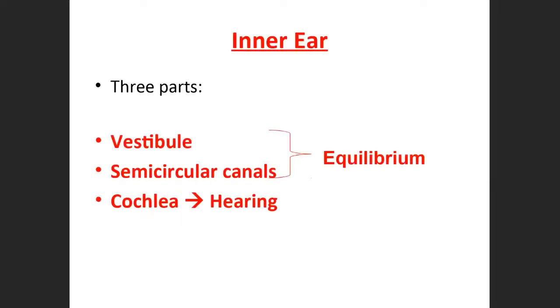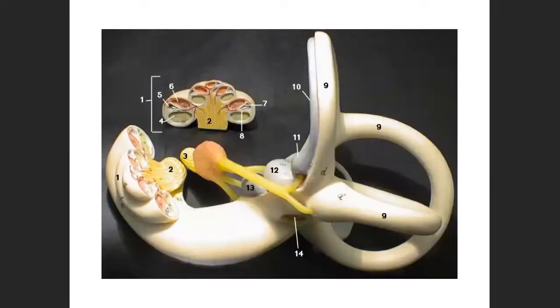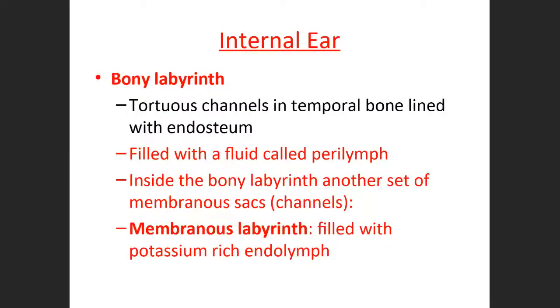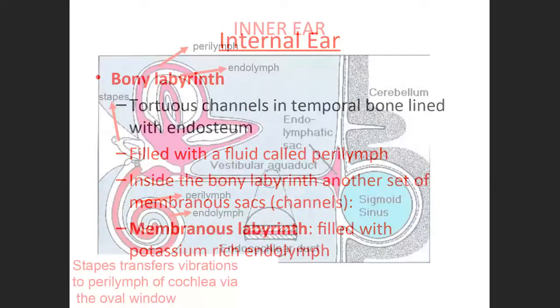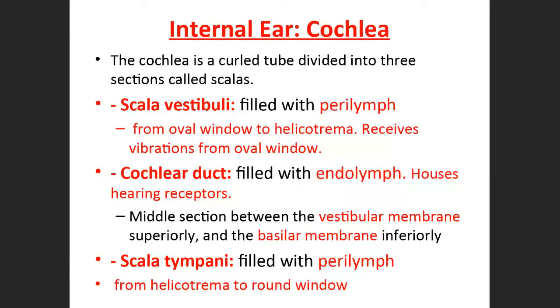Now, the inner ear. Again, just know which structures are part of equilibrium and which are part of hearing. Know the structures and what we find in each structure. So we pretty much find the same pictures here. The three scalas, know which one has perilymph, which one has endolymph, which one has the receptors.